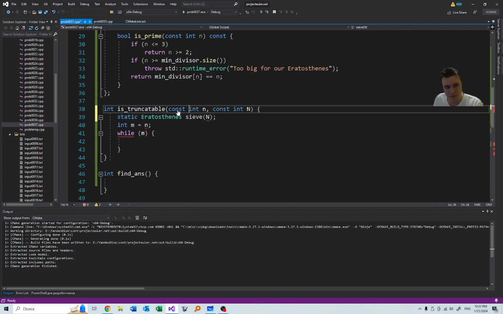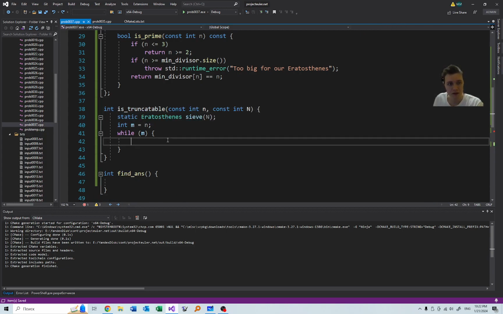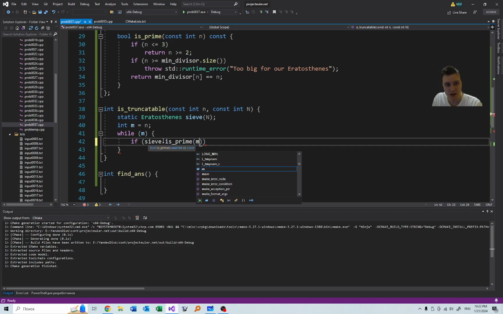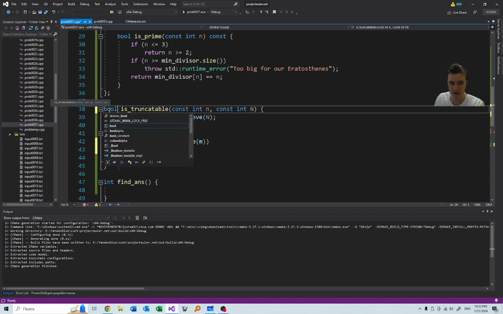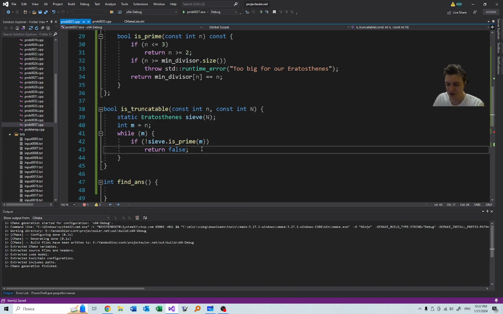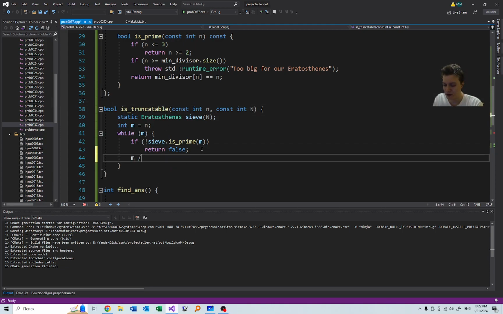Great. So while m, we do the following. We ask, is it true that m is prime? If it is not prime, then we need to return false. Actually, it's bool here. So if it is prime, we divide it by 10.